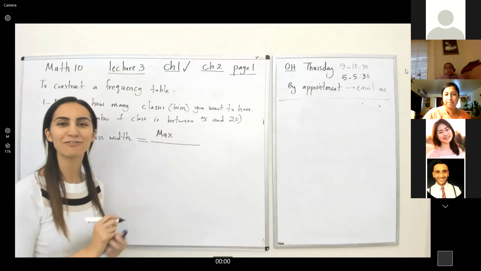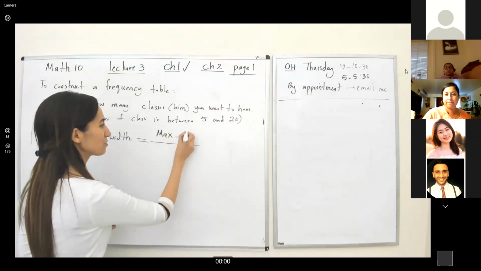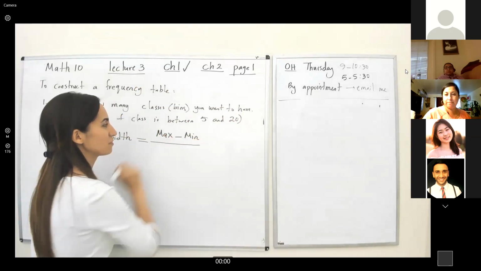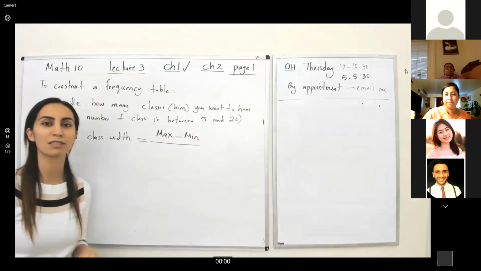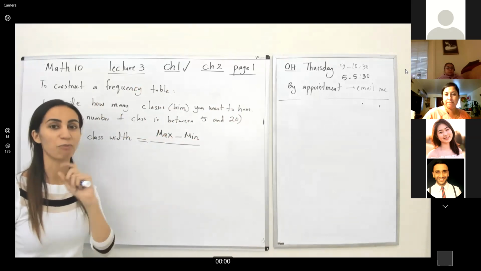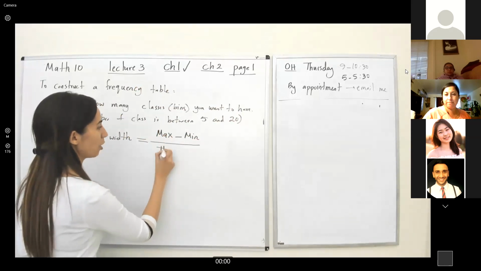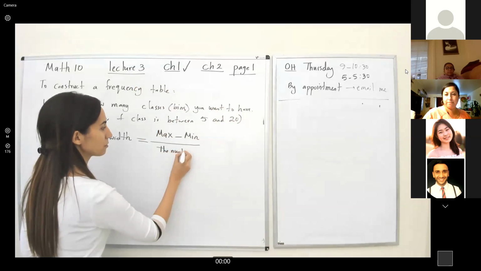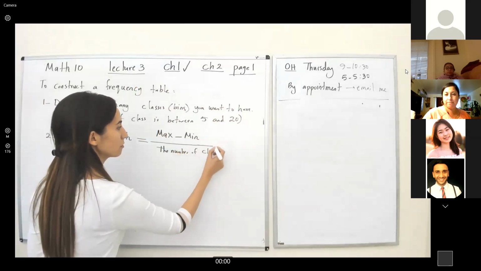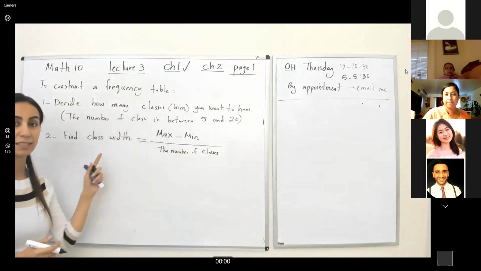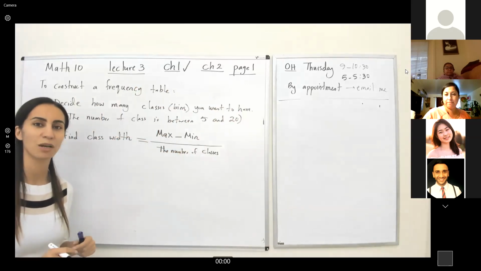You need to identify your minimum value, subtract it, divided by the number that you decided to have in step 1, the number of classes. This is called the class width.